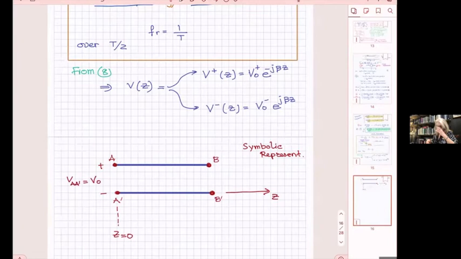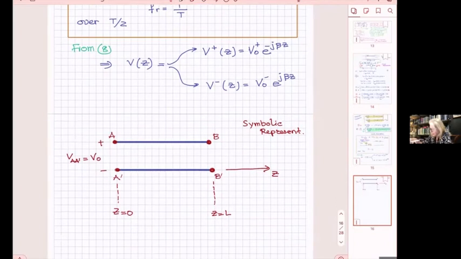So we fix the value for this voltage. And let's assume that this is Z equals L. As a matter of fact, you will see that eventually we are gonna move Z equals 0 to the end of the line. And I will do this first because it's easier for you to see it. And then I will do the other one.